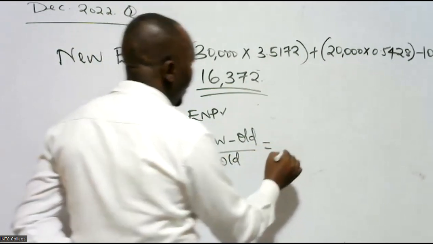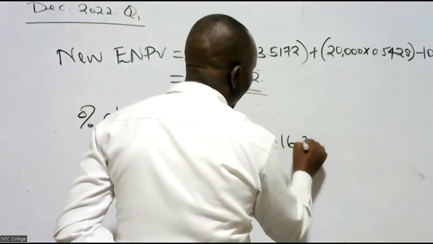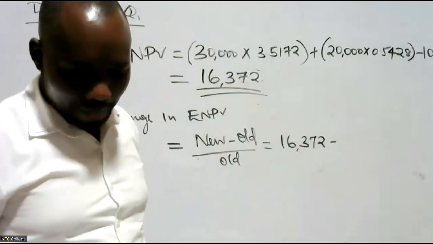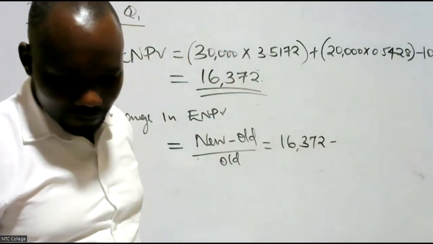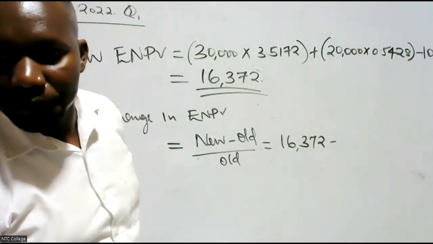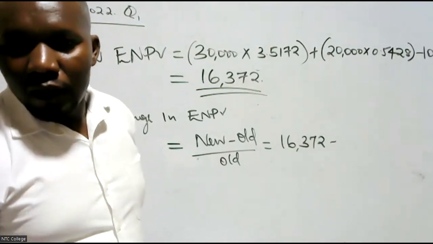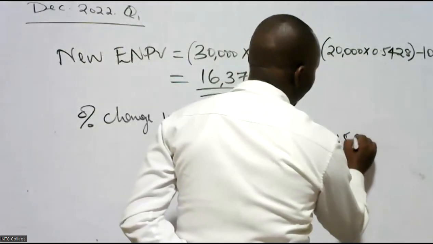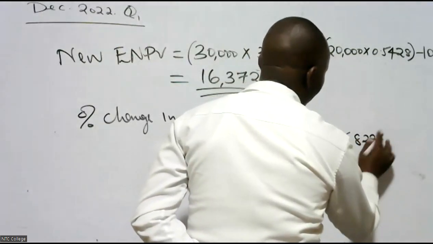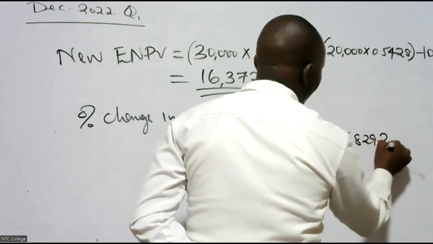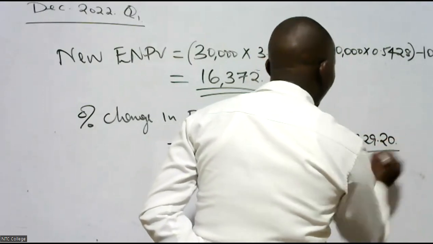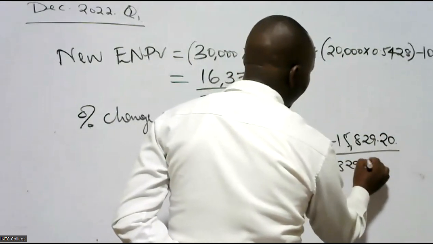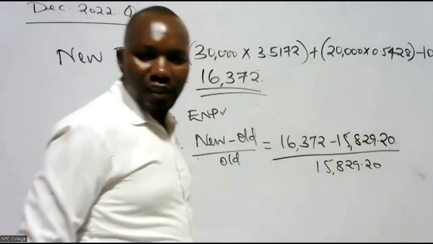So we are having 16,372 minus the other one, which was 15,829.2, all over 15,829.2. Is it just 16,000?